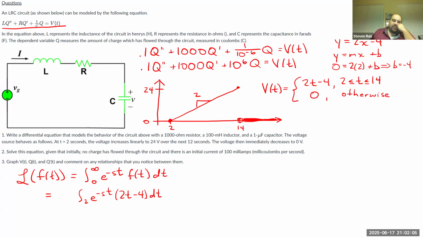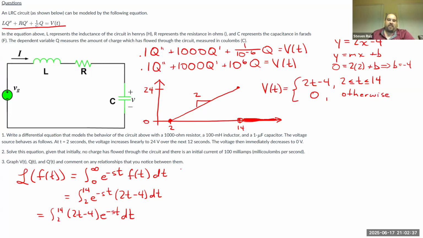So I'm only going to integrate it over the time where it actually fits the f of t that I'm calling 2t minus 4. So this is the integral I'm going to compute to get my Laplace transform: the integral from 2 to 14 of 2t minus 4 times e to the negative st dt.